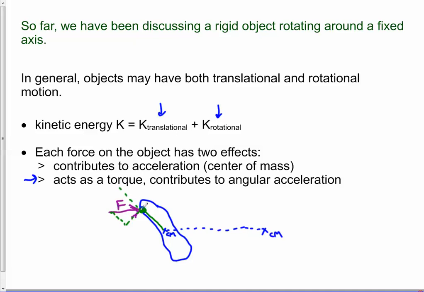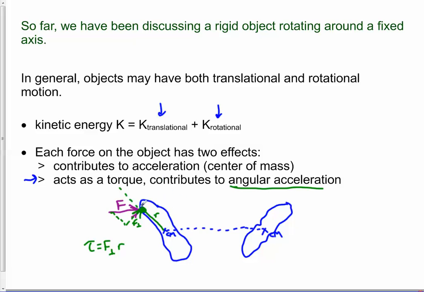We can break it down into a parallel piece and a perpendicular piece, and this perpendicular piece exists, and here's the R, and so there's going to be a torque of F perp times R, and that's going to make it turn clockwise. So there's going to be an angular acceleration. So this thing will move, but it'll also start spinning. So maybe by the time it's here, maybe it's rotated a little bit.